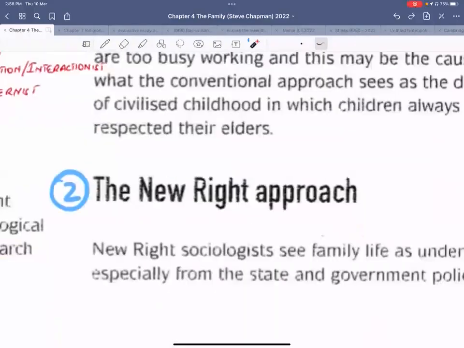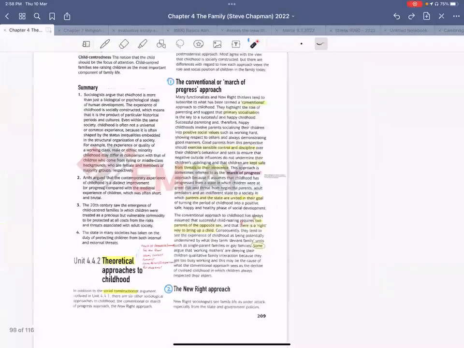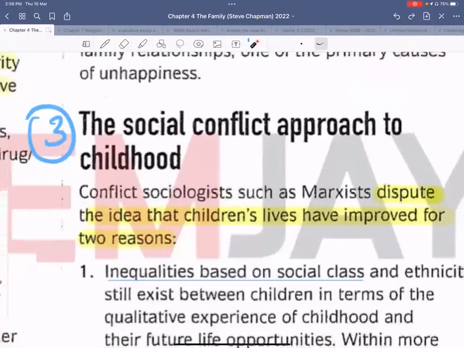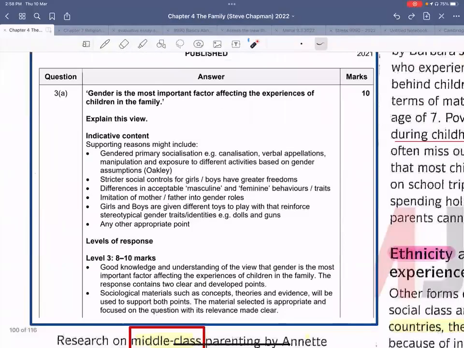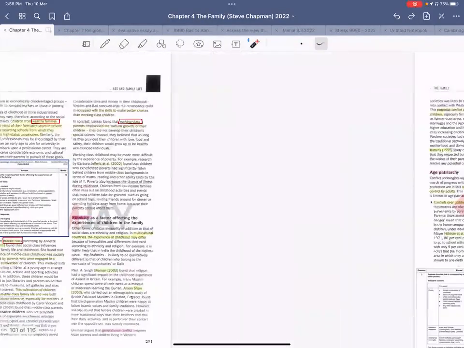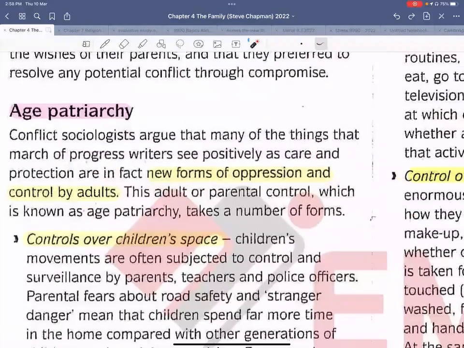1, 2, 3. This is the same question that we had at the back. 4.